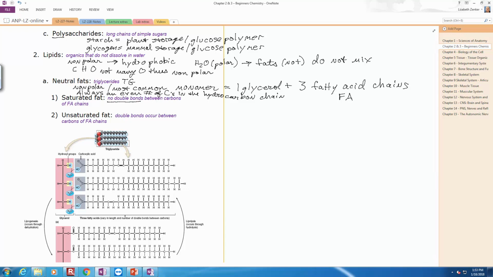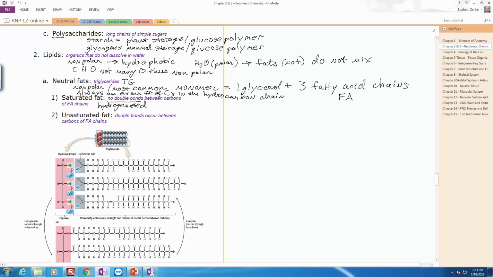Another term you could use with a saturated fat would be hydrogenated. Essentially what saturated means is it's saturated with hydrogens, and that's what hydrogenated means, tons of hydrogens all the way around it. So another name is hydrogenated fat. Maximal hydrogens, saturated with hydrogens. If it's saturated with hydrogens, there are no double bonds.